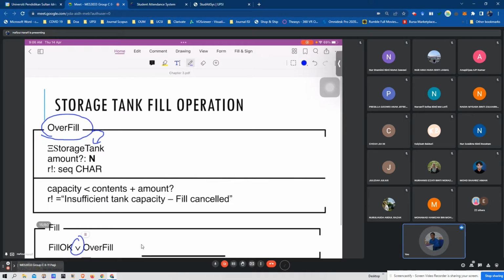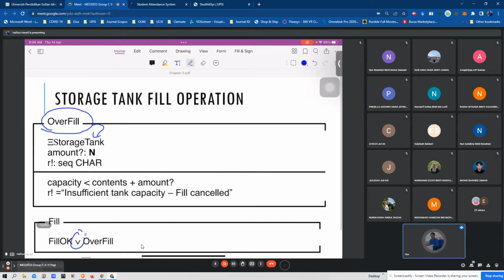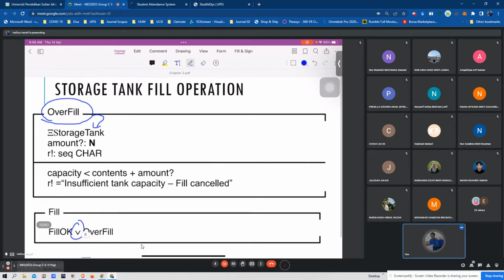Then we have the storage tank fill operation. We have overfill. Overfill must use the Xi symbol because of the amount. Insufficient tank capacity, so the fill is cancelled. Here delta is not used, the storage tank will not change, because of the capacity.